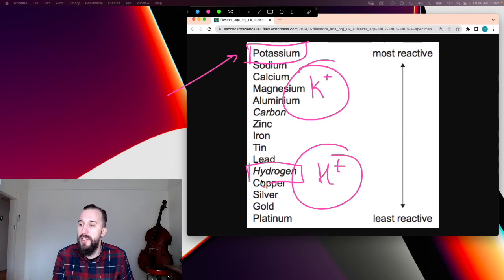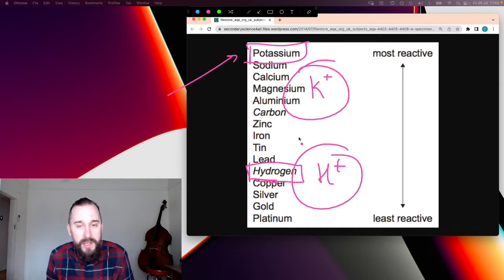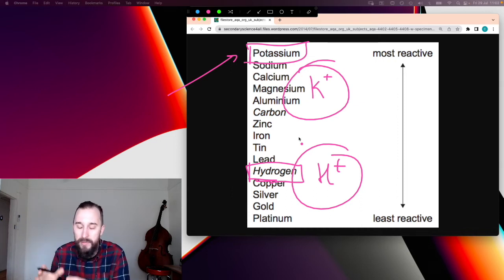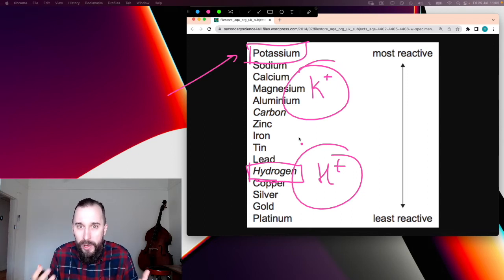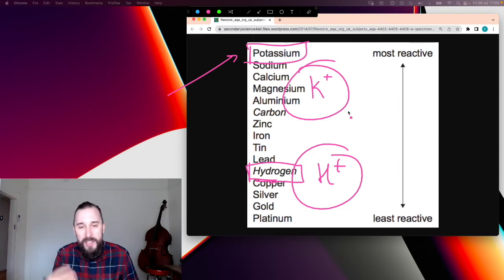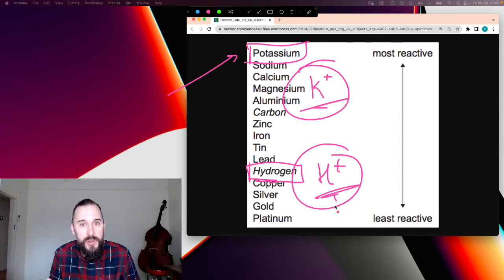So if there's the choice, quote unquote choice, I have a habit of personifying atomic particles that obviously don't have free will and wants, neither here nor there, but it's a helpful way to consider it. This potassium being so much more reactive, the hydrogen is going to be reduced. It's going to be selected to be reduced over the potassium.